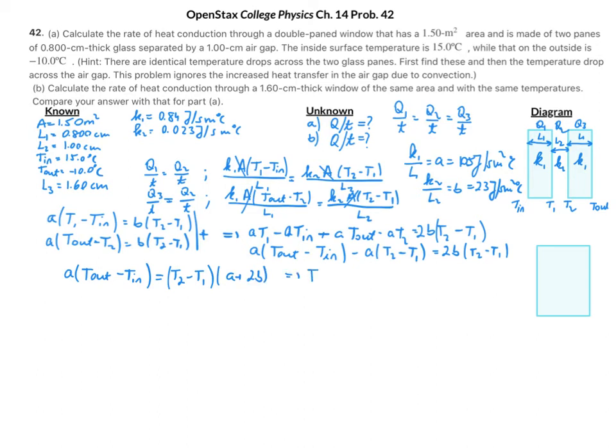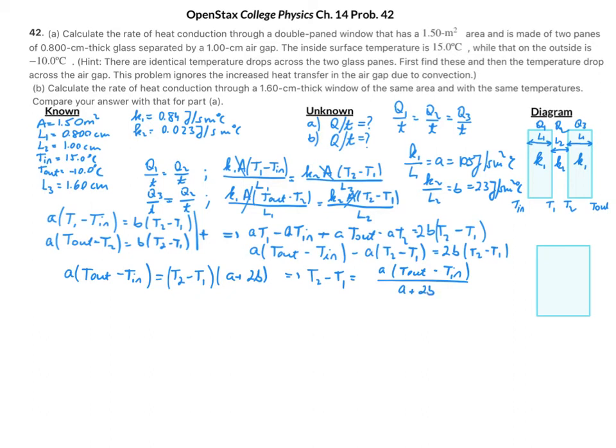So then T2 minus T1, the temperature difference between the two sides of the air gap, will be A times T out minus T in divided by A plus 2B.